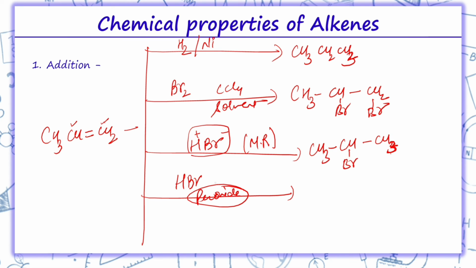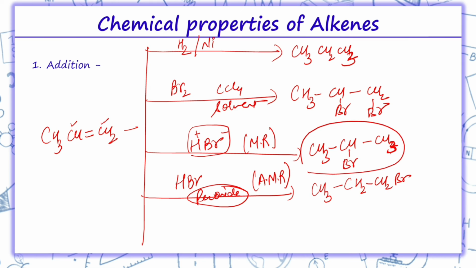With peroxide we apply the anti-Markovnikov's rule. Anti-Markovnikov's rule says the negative part will attach to the carbon having more hydrogens. So when it is Markovnikov's rule we get 2-bromo, and when it is anti-Markovnikov's rule we get 1-bromo, that is, the bromine group is attached to the terminal carbon. This anti-Markovnikov reaction is also known as the Kharasch effect, or the peroxide effect.